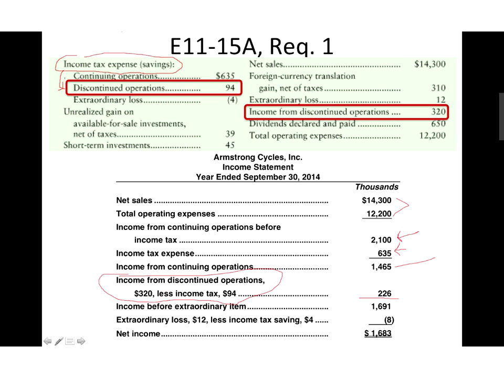Okay, they're telling us in this table that we made $320,000 from discontinued operations. Discontinued operations are when we sell something. We sell a division. And during this year, before we sold it, we had $320,000 of income from it. We don't want to include that with our regular income because our regular income is income from continuing operations.